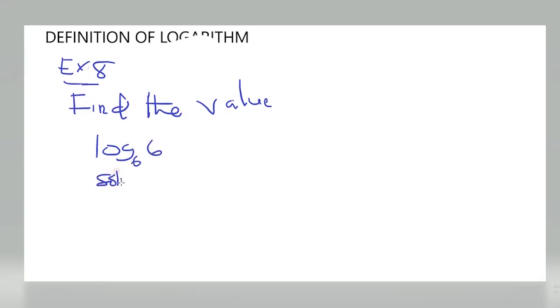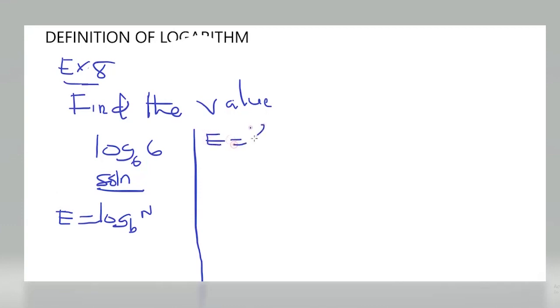Solution: into exponential form, this is the logarithm of a number to a base. From this, what is our exponent? We don't have an exponent, and this is exactly what we are looking for.